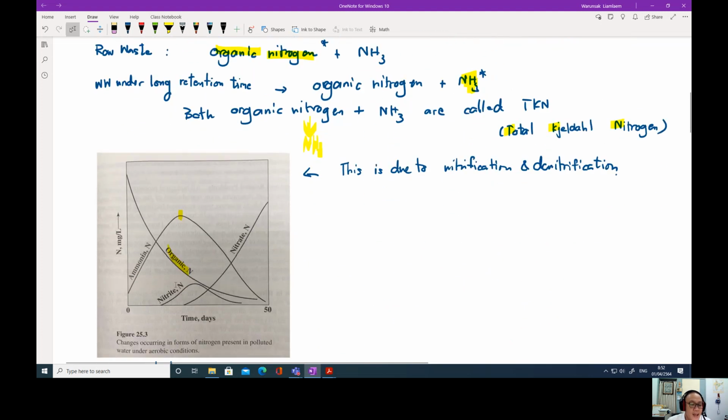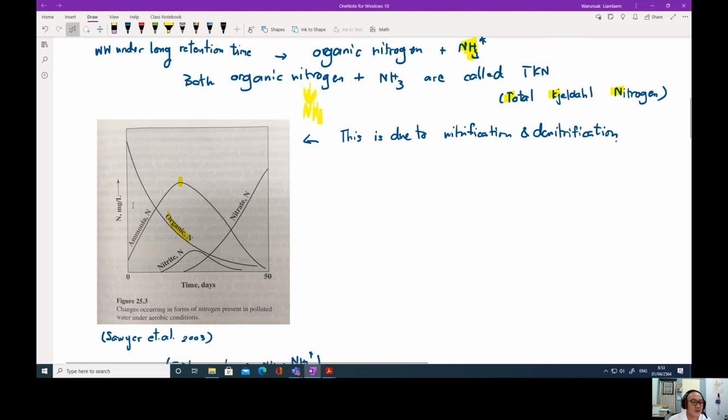That is why if you are forecasting the change occurring in forms of nitrogen in polluted waters or in wastewater samples under aerobic conditions, you will find a concentration profile like this.